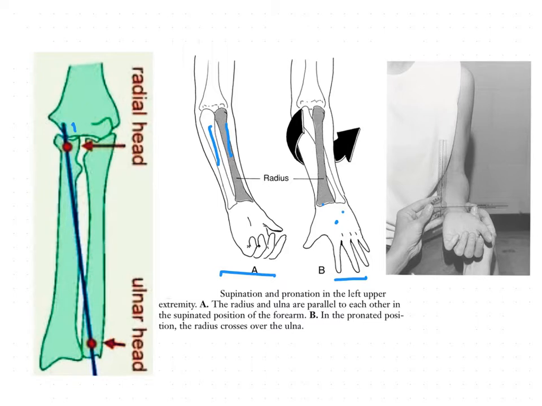The motion of the distal ulna is of less magnitude than that of the radius and opposite in direction to the motion of the radius. So if, for example, the radius is crossing over the ulna, moving in this direction, then the ulna is moving in the opposite direction. But the magnitude is very little when compared to the radius.